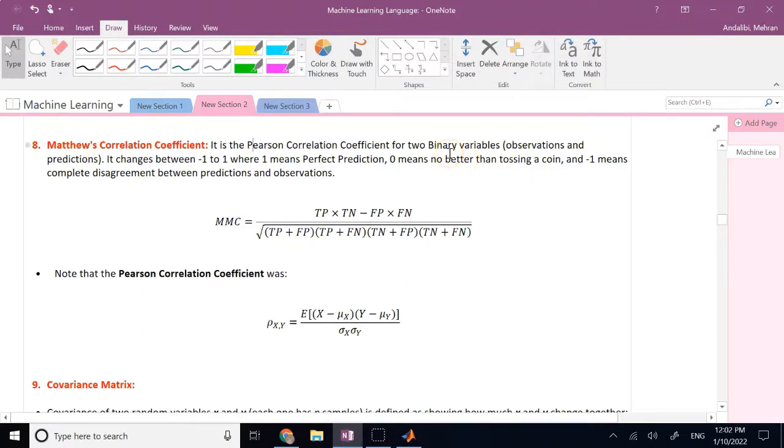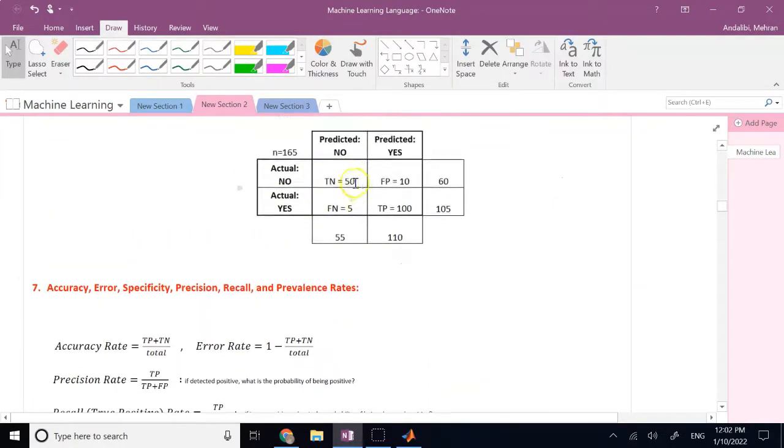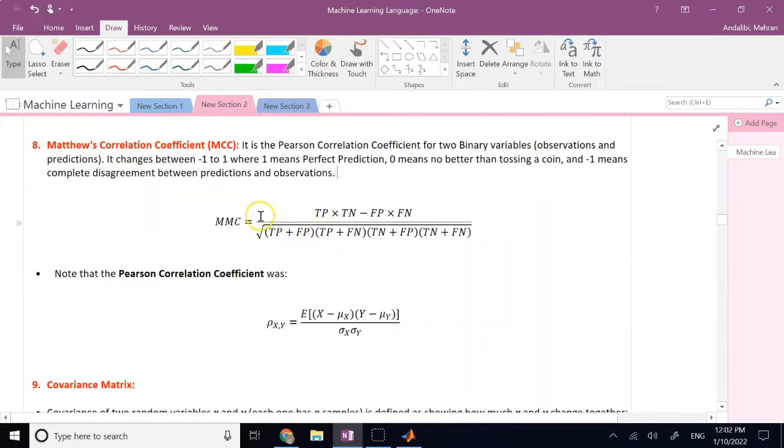In machine learning especially, they call it the Matthews correlation coefficient, or MCC. This MCC is a way of combining all four numbers in the confusion matrix: true positive, true negative, false positive, and false negative. You combine them based on this formula that you can see here. And the good thing is the result of this is always going to be between -1 and 1.